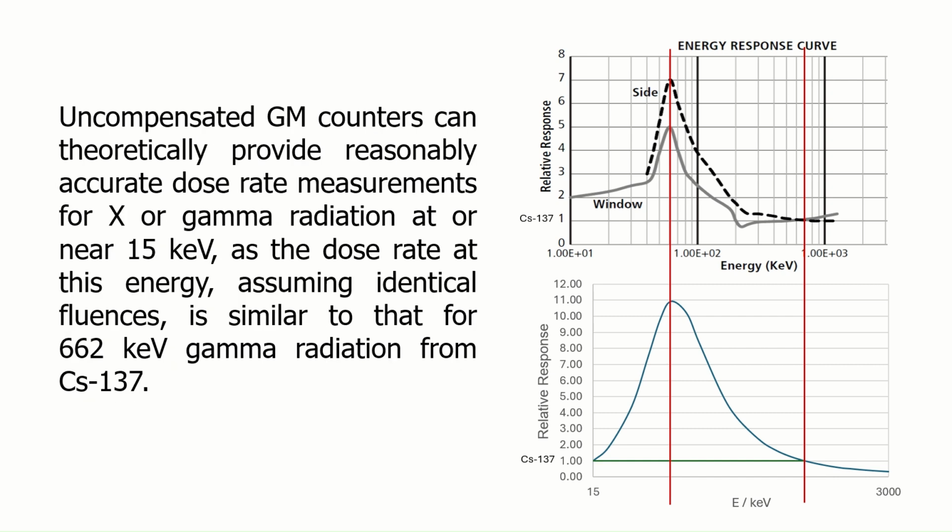Uncompensated GM counters can theoretically provide reasonably accurate dose rate measurements for X or gamma radiation at or near 15 kiloelectronvolts, as the dose rate at this energy, assuming identical fluences, is similar to that for 662 kiloelectronvolts gamma radiation from cesium-137.